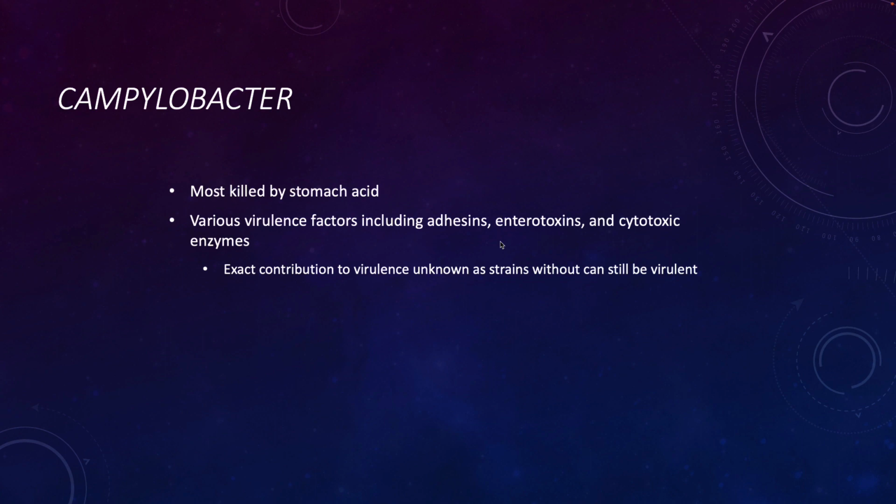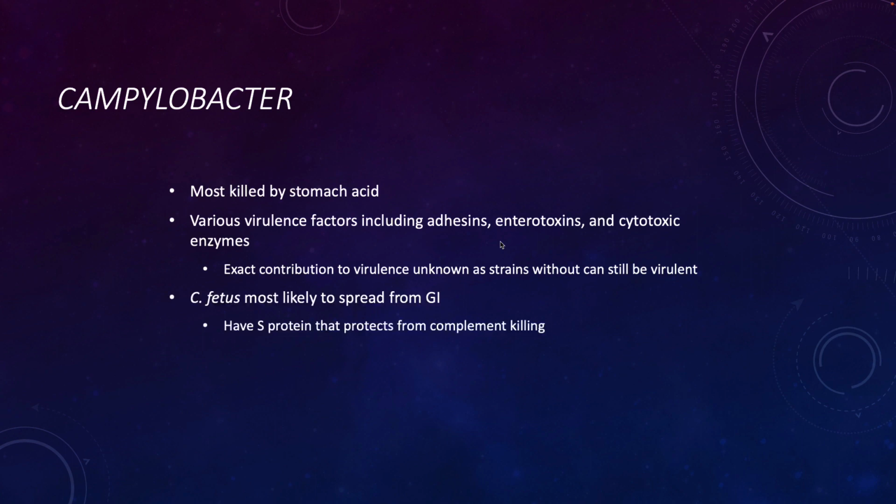But the trick is that the exact contribution of each of these virulence factors to the disease is still unknown, because even strains that lack these virulence factors are still virulent. So it's hard to figure out what something is doing when a strain without that thing can still cause disease.